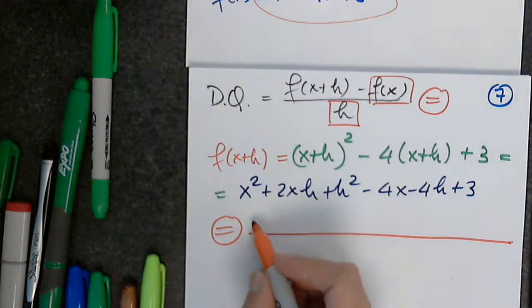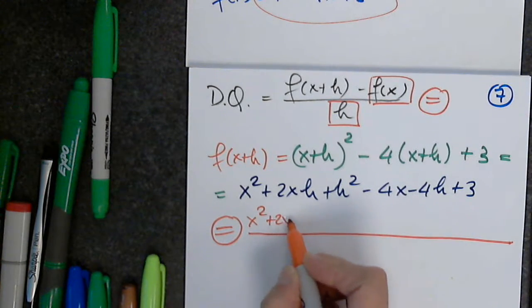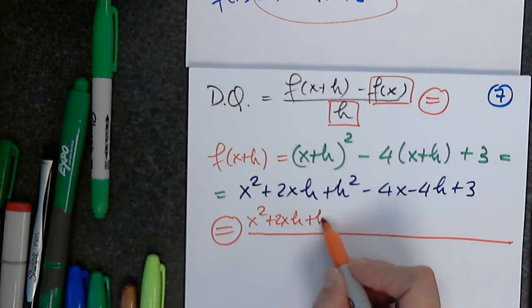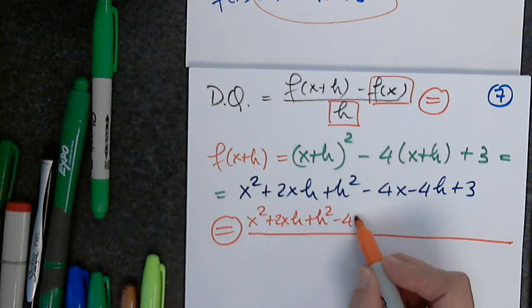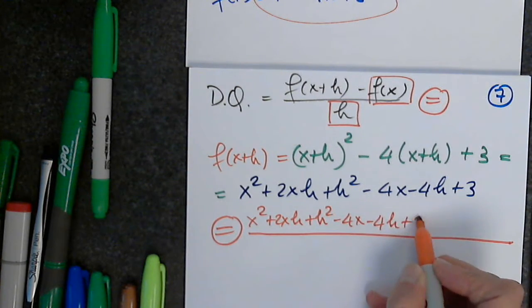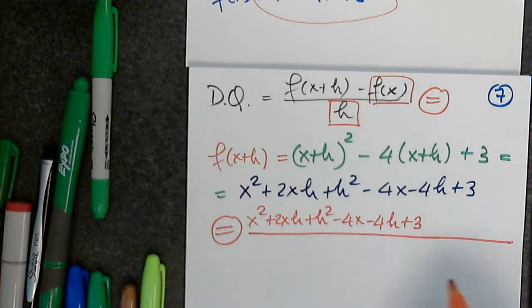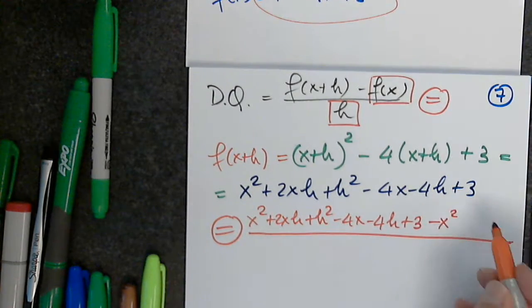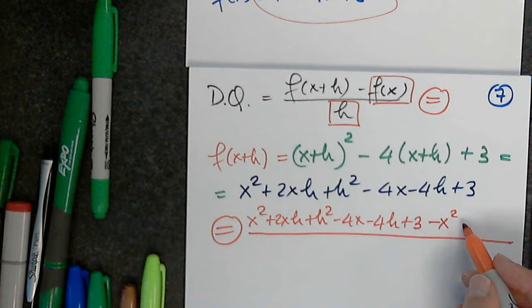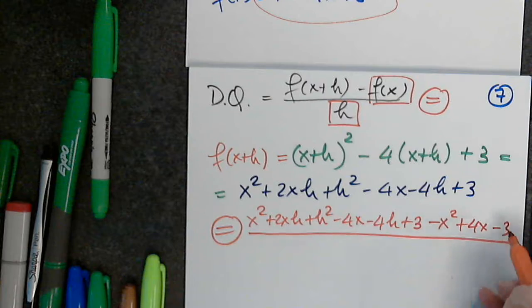So x squared plus 2xh plus h squared minus 4x minus 4h plus 3, minus x squared minus 4x, careful, plus 4x minus 3.